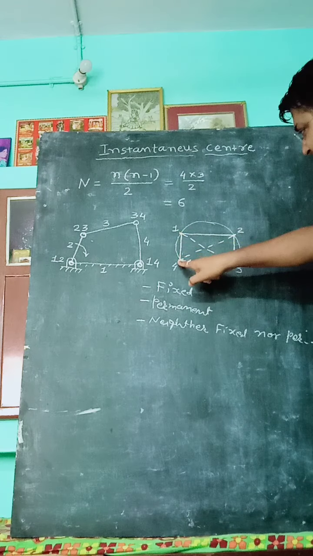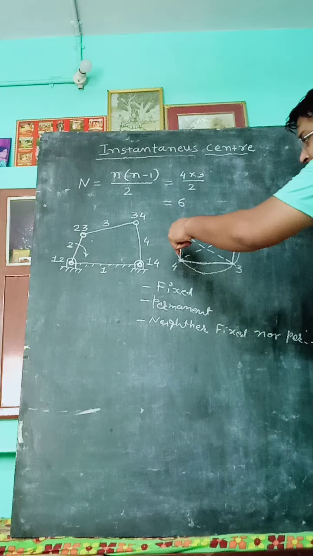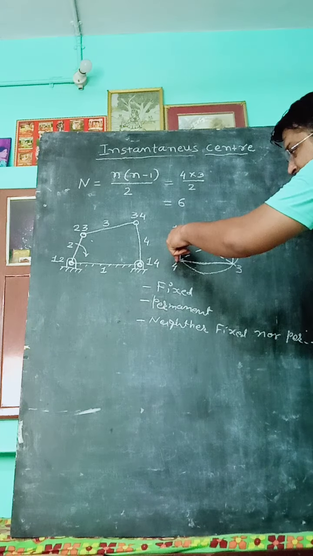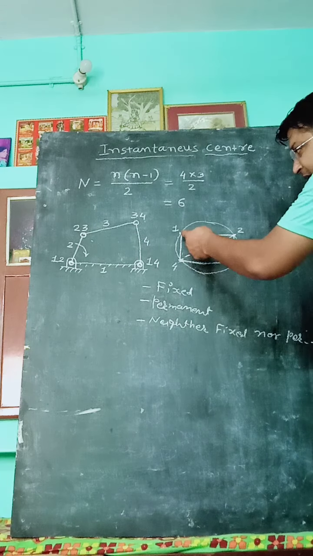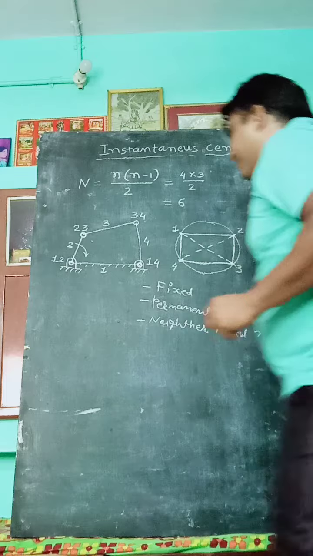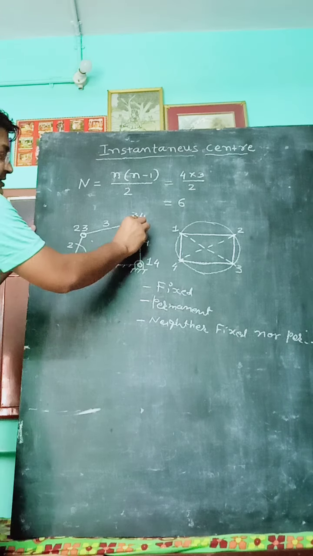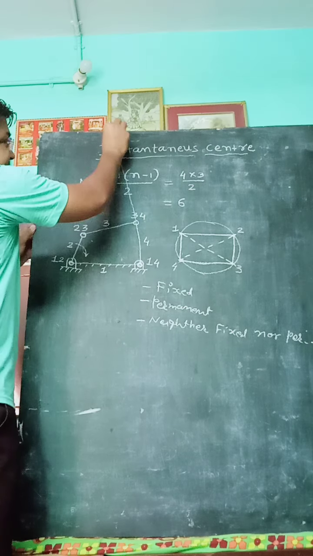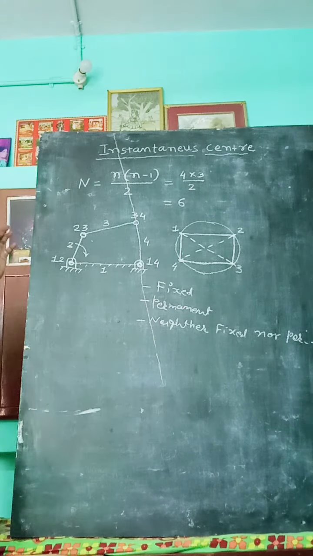Think of this triangle 1, 4, 3. By joining 1, 4 and 3, 4, I can find out 1, 3. So 1, 4 and 3, 4. That means extend this line. Extend this instantaneous center line.